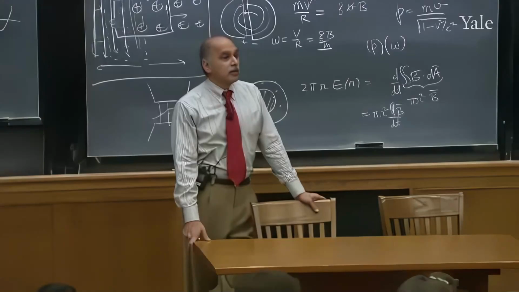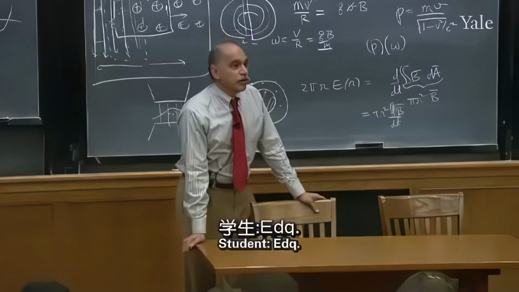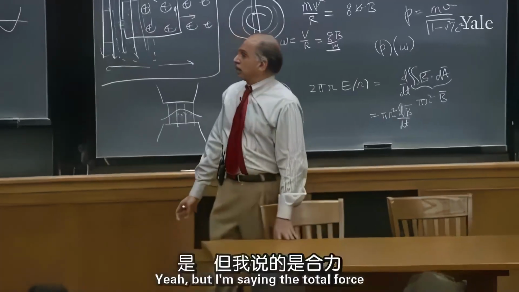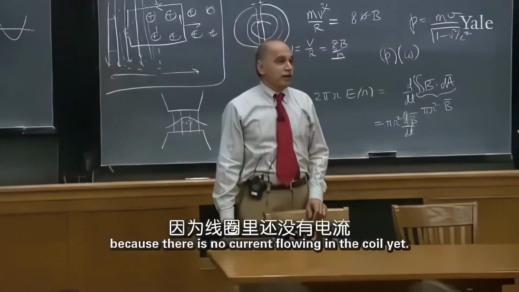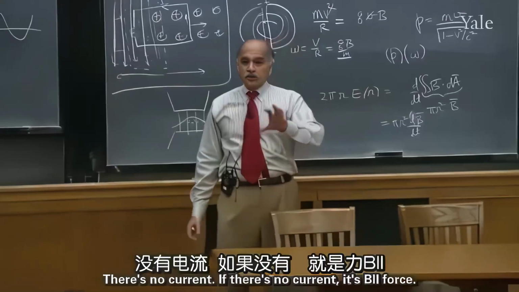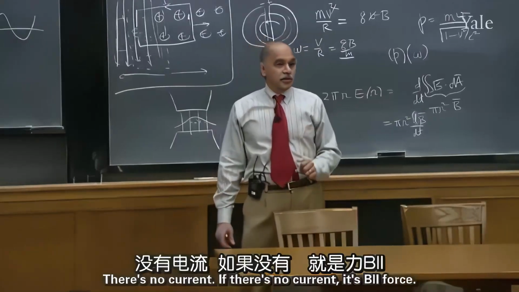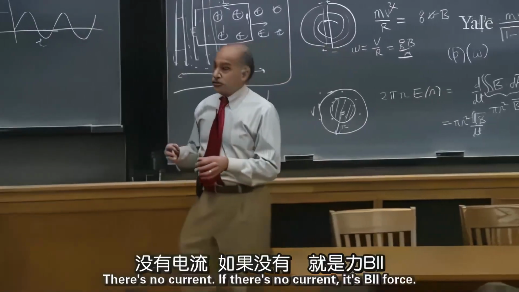The integral of V dQ. Yeah, but I'm saying the total force, you don't have to do any work because there is no current flowing in the coil yet. Okay? If there's no current, it's no problem turning a loop in a magnetic field because you don't have the BLI force.